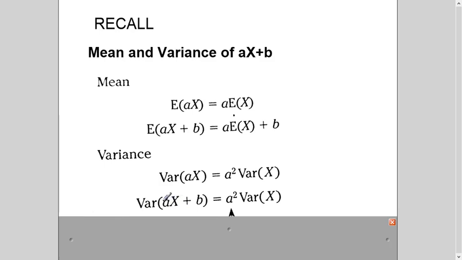Second important thing, in the case of variance, when you're finding it for ax plus b, just imagine a number here. For example, you have 2x plus b, where x is representing some random variable. We will see its mean and variance. So now 2 will become 2 squared, and b will not affect the variance.